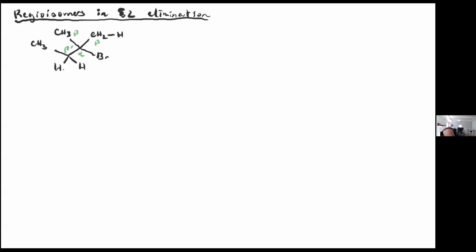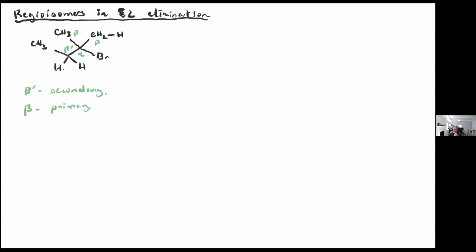So the beta prime protons are secondary, and the beta protons are primary. Okay, does everyone see that? And there's more of just the beta protons, okay?